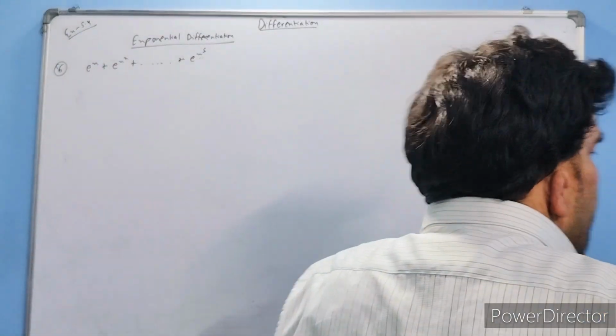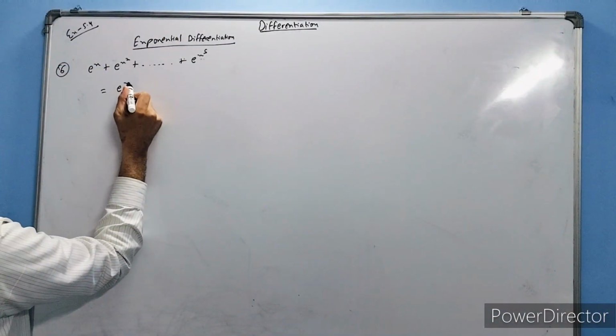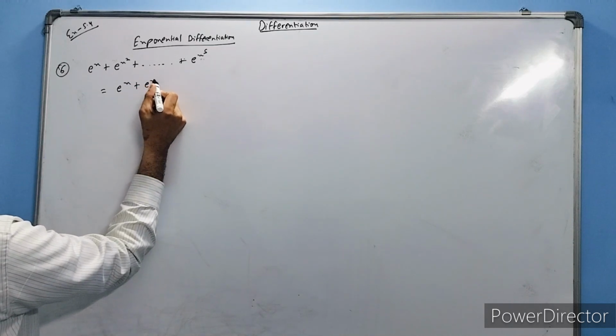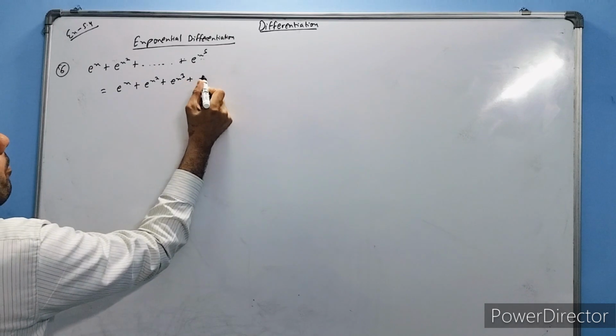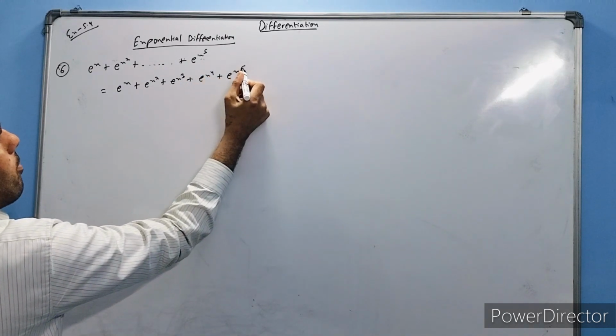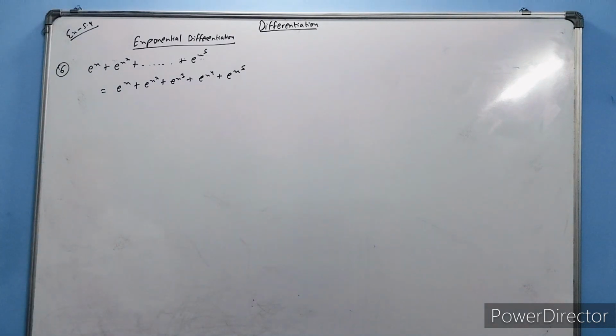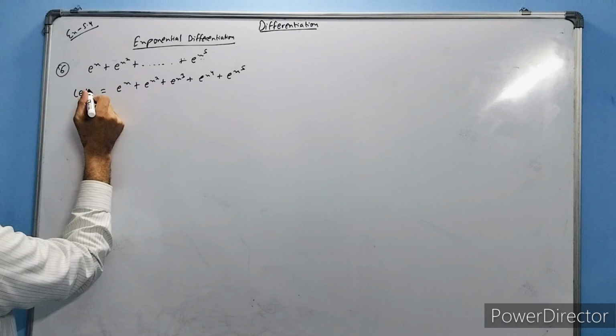Okay, now let's try to write this in full form, that is e^x + e^(x^2) + e^(x^3) + e^(x^4) + e^(x^5). Now we can differentiate it, y is equal to this.